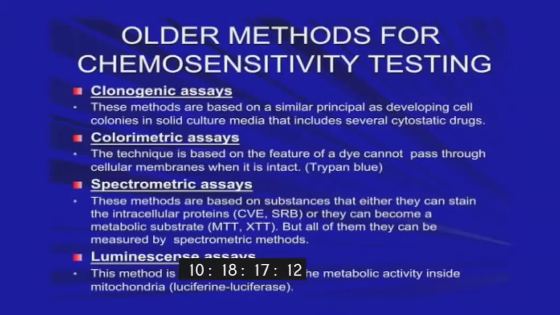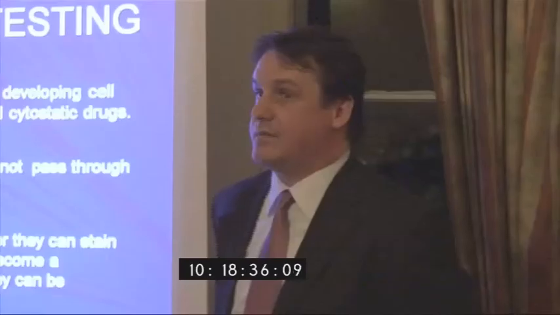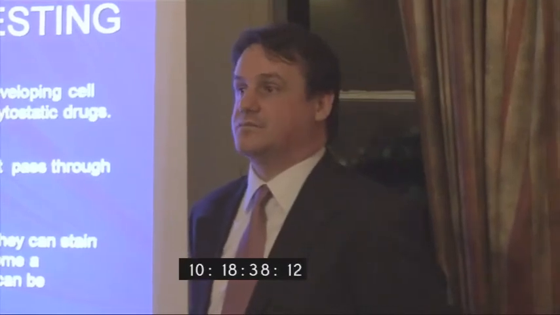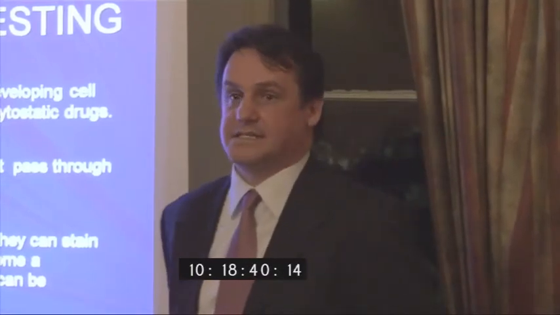Spectrometric assays are still used in the pharma industry and in research, but are far, far away from clinical practice, like crystal violet, sulforhodamine, or methyltetrazolium. Both kinds of tests, the crystal violet and SRB, stain the protein inside the cells.